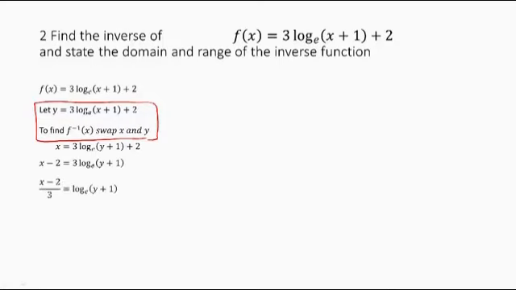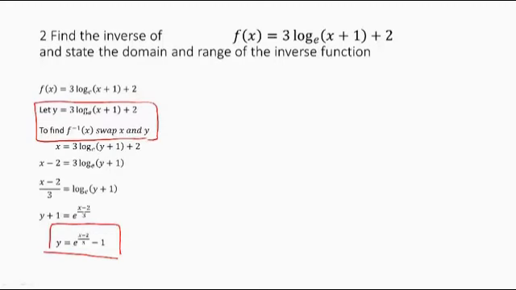So when we raise it, the base stays the same, what was inside the log comes outside, and what was on the other side of the equal sign becomes a new power. Subtract 1. Now this is not my answer. I really should have written that as inverse of x equals that. Remember, if I write y equals, the examiners will take a mark off. We'll get to that in a minute.